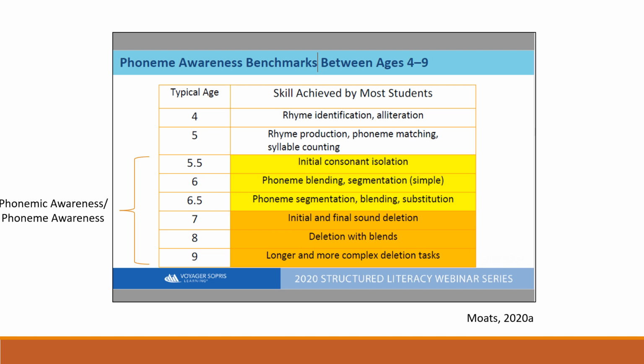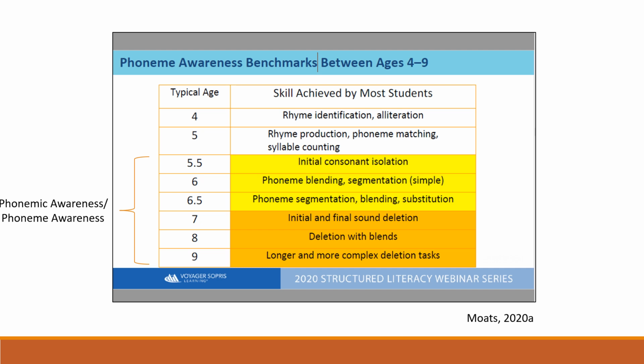By 5.5 years of age, most children will be able to answer the question, what is the first sound in mop? By age 6, when asked to guess the word b, a, t, they will blend the sounds together and say bat. When asked what sounds are in the word sun, they will segment the word and respond s, u, n.